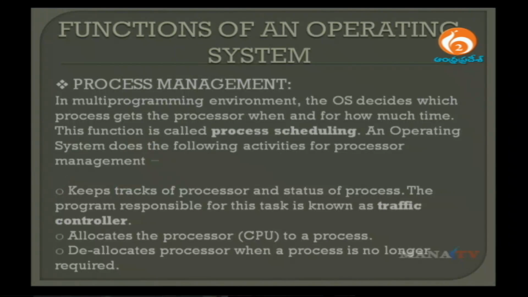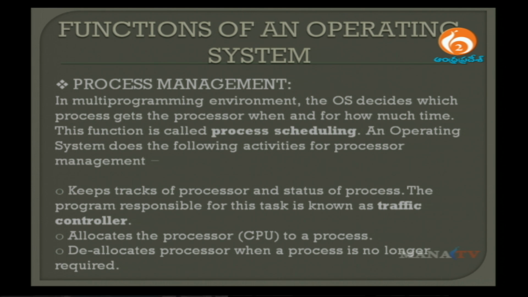In fundamentals of computer, we are learning about the operating system. And now let us see process management. What is process management? Let us go with the slide once again. We have process management in a multi-programming environment.